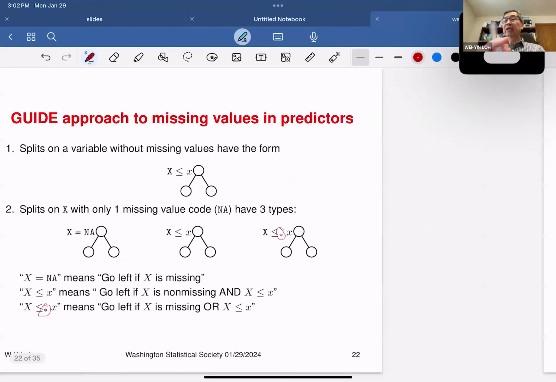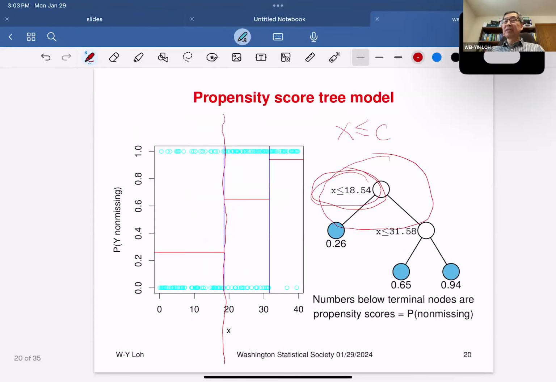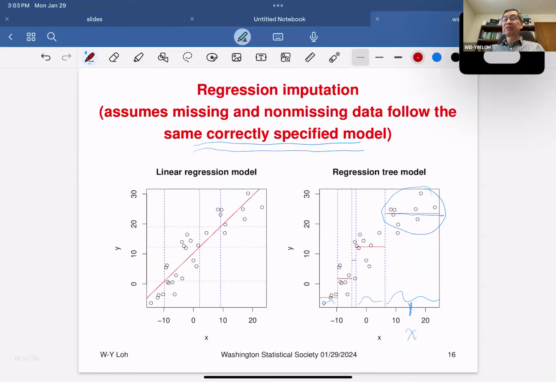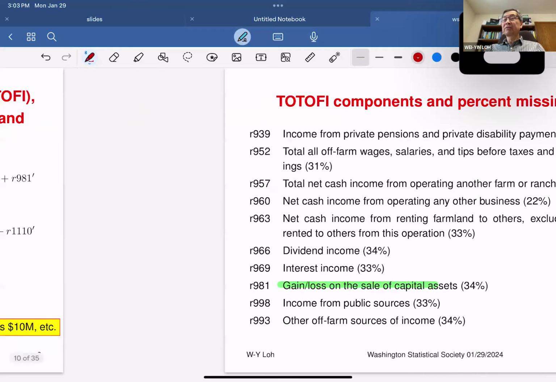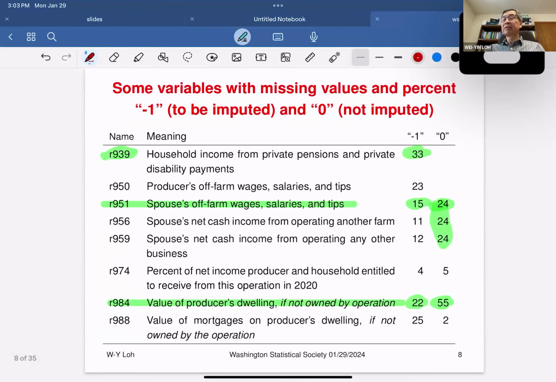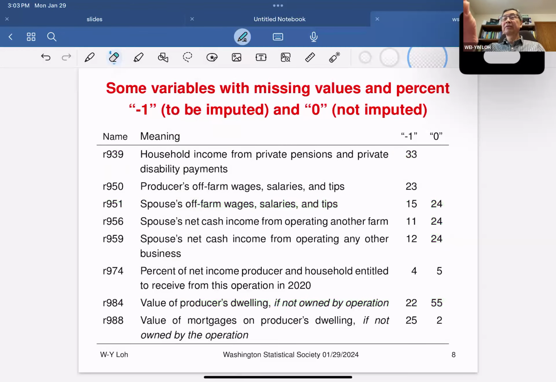All right. Now, sometimes you have multiple missing values, right? So for example, in our data earlier, we have a 0 and a -1, right? If you don't mind, let me go back. So there are zeros and -1, right? 0 means it could be that it doesn't exist, so it's missing, but it makes no sense to impute it.